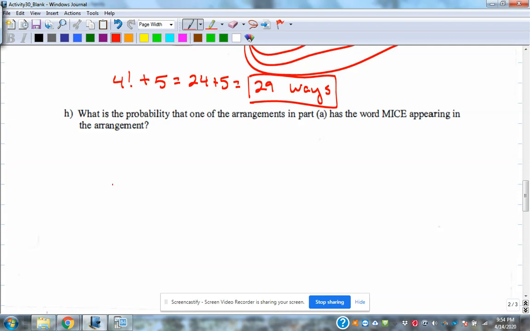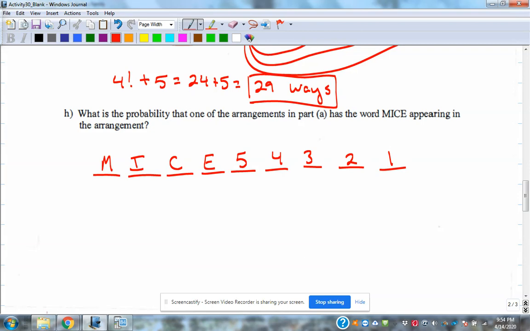So again, 9 blanks. And if the word mice is there, if it's at the beginning, that's one of the ways. And then you have 5 letters left, which is 5 factorial for the 5 letters that are not used yet. And then we're going to look at, okay, well, that could be at the beginning.